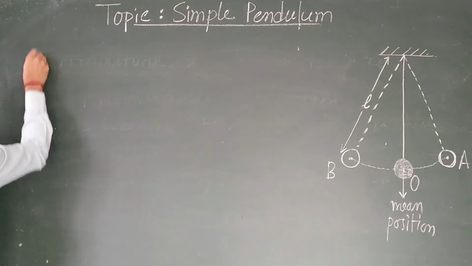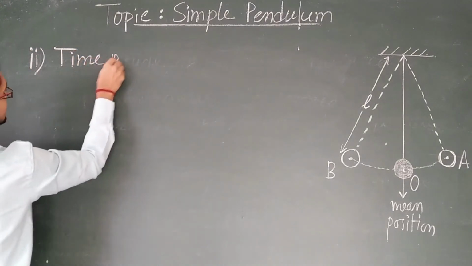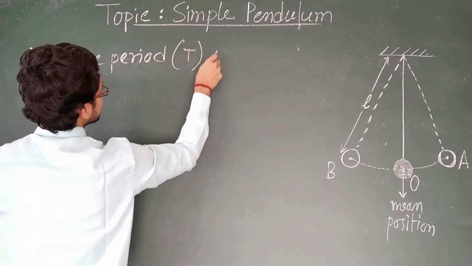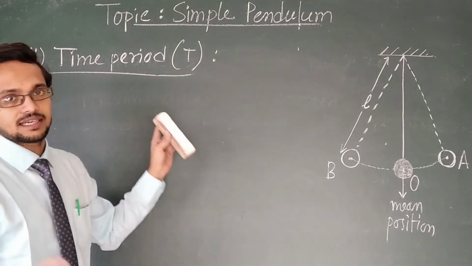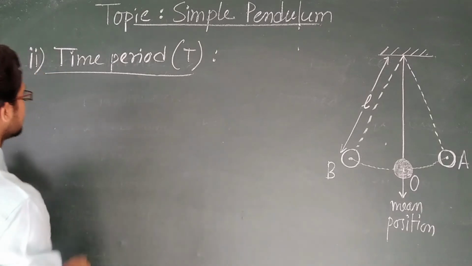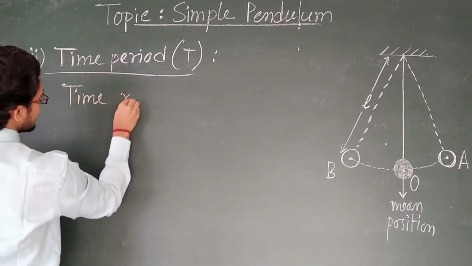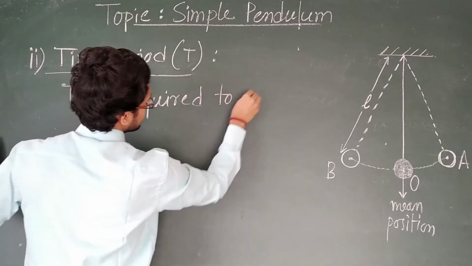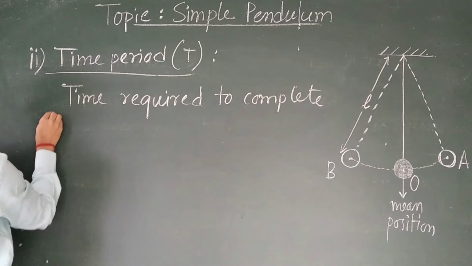So, second point: time period. Time period is denoted by capital T. What is the meaning of time period? Time period is the time required to complete one oscillation.